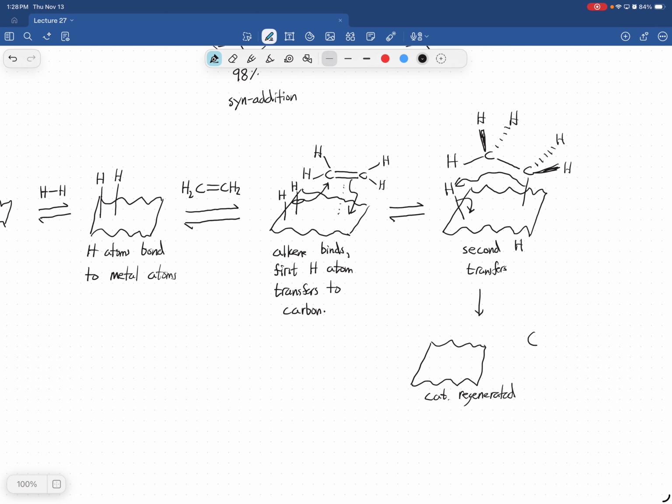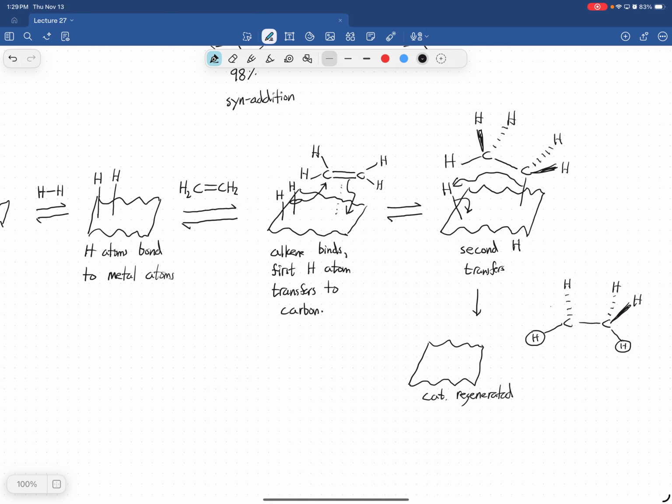And here, the hydrogens have been added to the carbon double bond. And what do we know about the hydrogens? Have they been added in a trans fashion or in a cis fashion? Cis, the same face of the alkene, right? So that's why we get two enantiomers. You get two potential places for the alkene to bind.